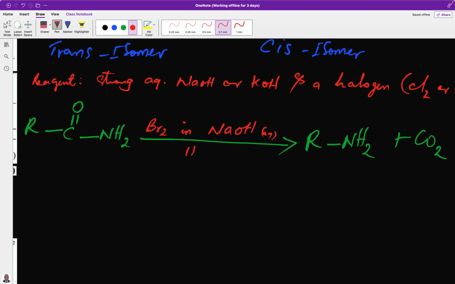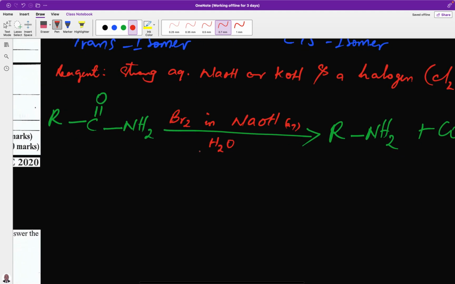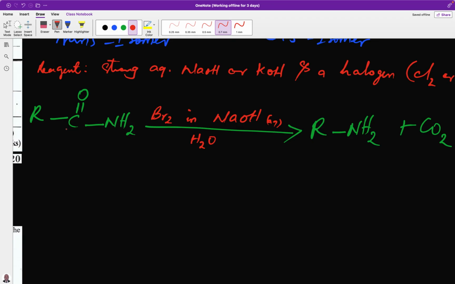I'm putting water here for aqueous. So now the equation: the amide contains a carbonyl group, then the amine group. So you now heat the amide with bromine in aqueous sodium hydroxide. You could also say aqueous potassium hydroxide.